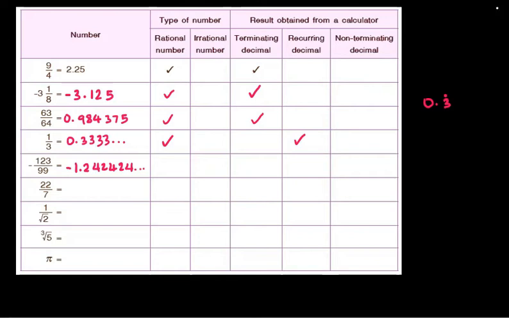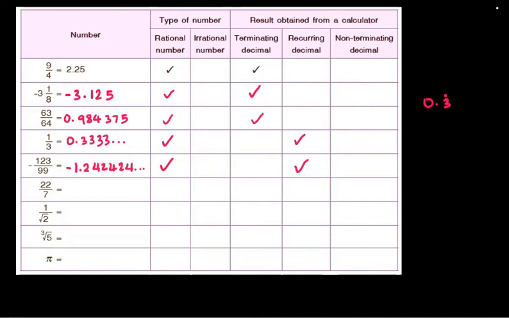We have 24 continuing without ending. So that is what we call a recurring decimal. But of course, since we have the numerator as 123 and the denominator as 99, we say that it is a rational number.